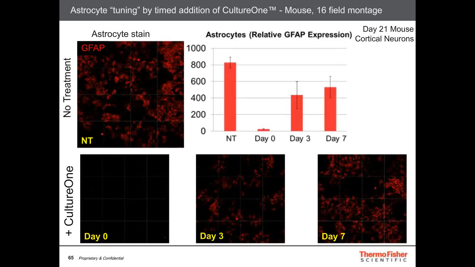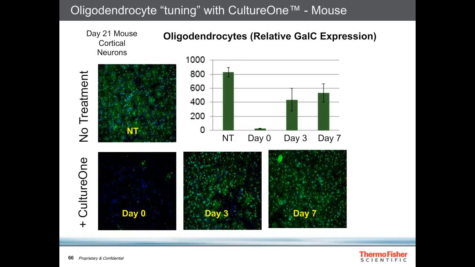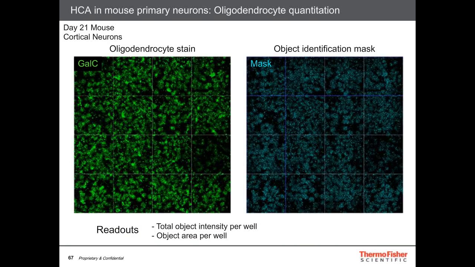So here's a montage of 16 fields, and on the right is the object identification mask generated by the software, and the readouts for this are total object intensity per well and object area per well. And here's just the same slide from before, but I substituted in the 16 field montage images so you could get a better understanding of what's going on over the entire surface of the well.